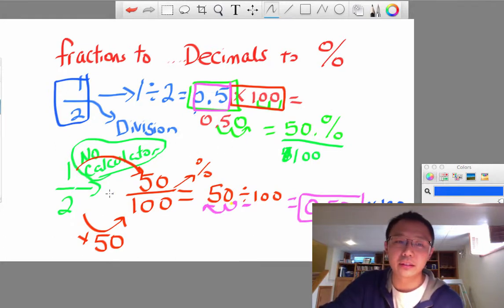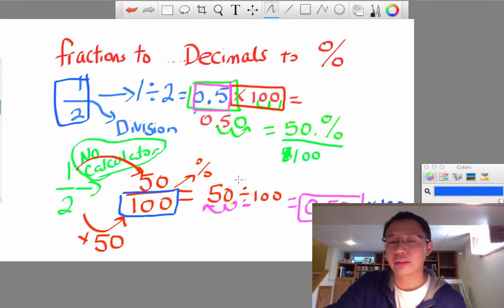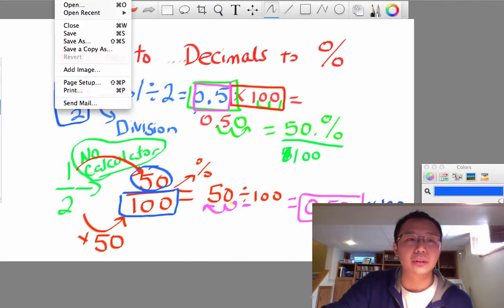If you don't use a calculator, you need to find the equivalent fraction that's out of 100 and then do the same to the numerator. That will give you, if you were to skip the step, the percentage. So that's really 50%. And if you want to change into decimal, then you have to divide by 100 because this is 50 out of 100. So you move the decimal 2 places to the left. Okay, so that's one of the questions.